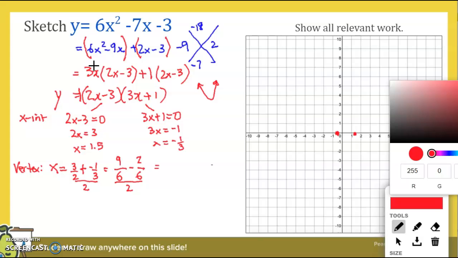So then here I have 9 minus 2 is 7 over 6. Divide by 2 is same as multiplying by half. When you're multiplying fractions, you multiply top with top, bottom with bottom, so that leaves me with 7 over 12.